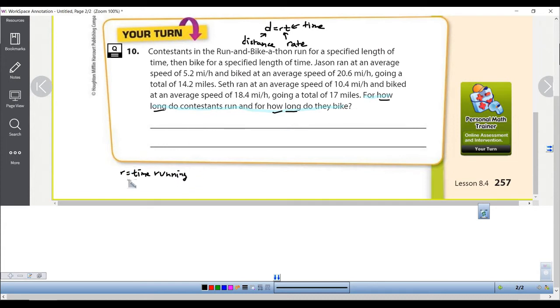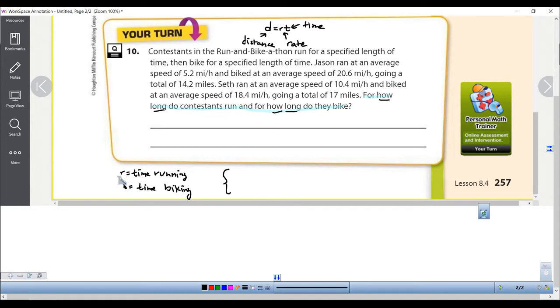And I'm going to let B equal the time biking. All right, that's a B. Okay, so here we go. So there are our two variables.